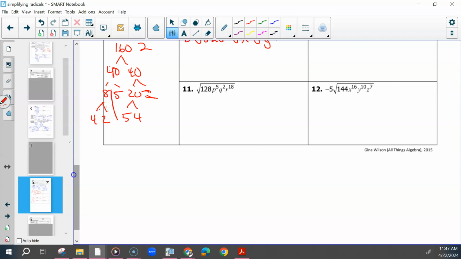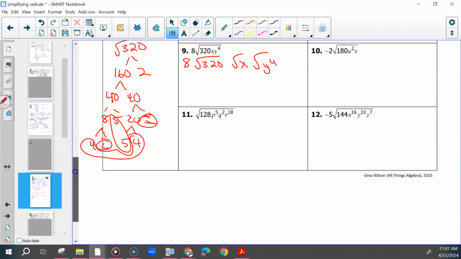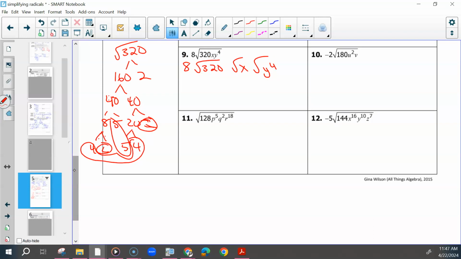But we have a pair of 5s, a pair of 4s, and a pair of 2s with 1 2 left over. So that would be the original 8 times 2 times 4 times 5 with the square root of 2. Nice. Or you could have found the perfect square and we could have avoided that.